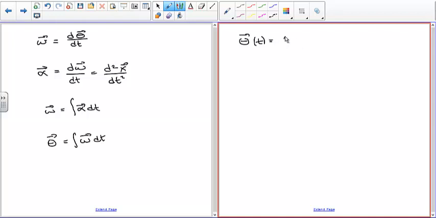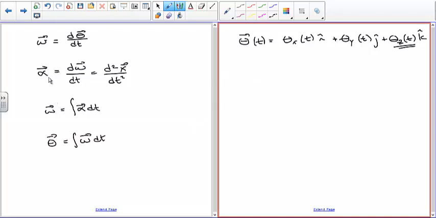So you could have theta sub x of t times the i unit vector plus theta sub y of t in the j direction plus theta sub z of t in the k direction. Now, if it's one-dimensional, this is probably the one that it would be. It would be the one that's perpendicular to the i and j directions.